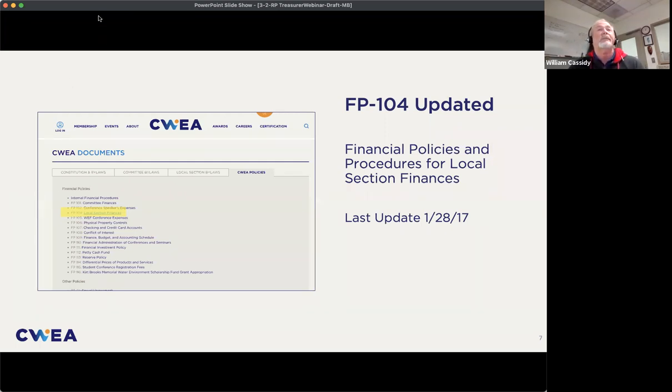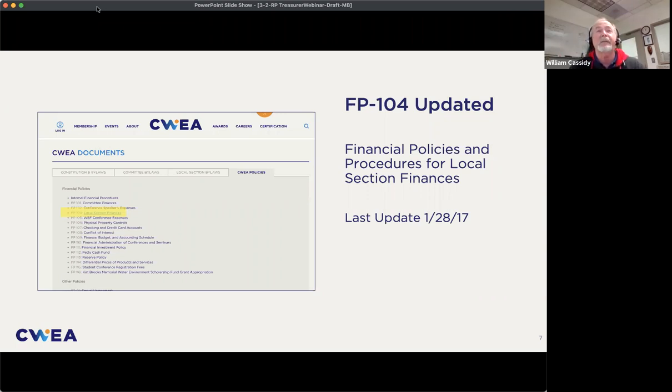We have displayed where it's located, but actually if you go to CWEA's website and log in, you would go to About, and up under About you have choices concerning leadership or leader resources, and up under that pull-down would be CWEA policies, which if you click, it would bring you to this page where all our policies are listed.